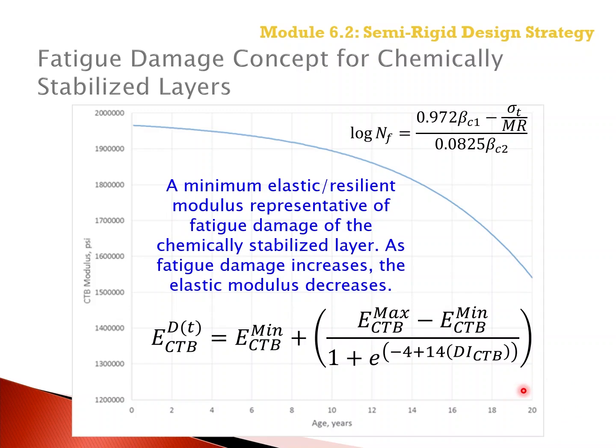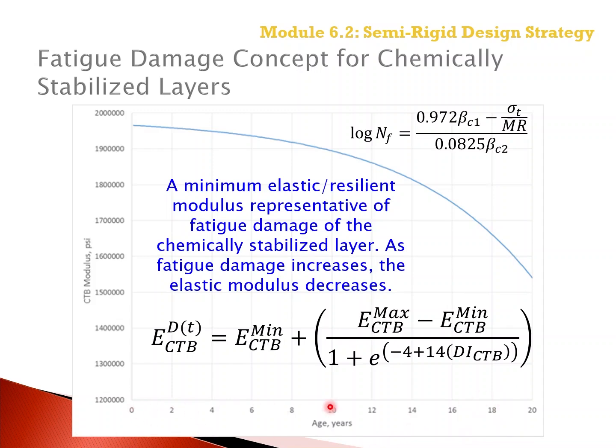As the chemically stabilized layer is subjected to increasing traffic loads and increases in fatigue damage over time, because the number of actual traffic loads is increasing over time, the elastic modulus of the chemically stabilized layer decreases to an effective modulus value that is representative of total fatigue failure of the chemically stabilized layer.